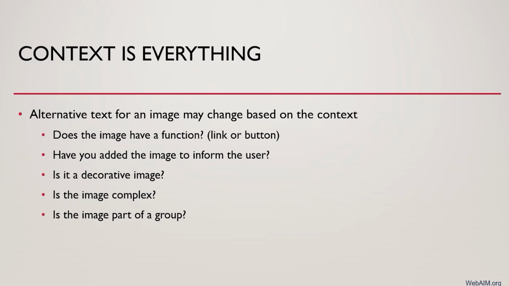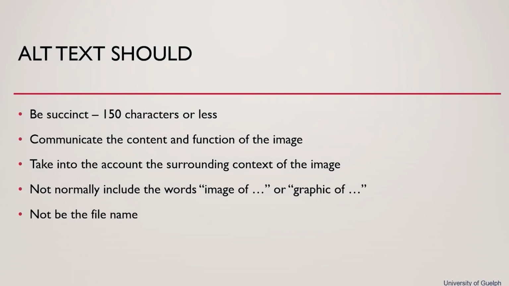If the image is complex, it is probably better to describe the content in the surrounding text. Or if the image is part of a group of images, then you want to group those images and just have one description for all the images rather than each individual one being provided alt text.